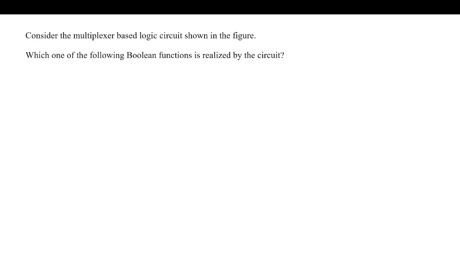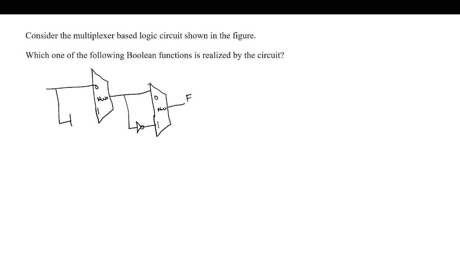And the next question. Consider the multiplexer based logic shown here. What is the Boolean logic it is implementing? This is the question given to us. W, select lines are S1, S2.